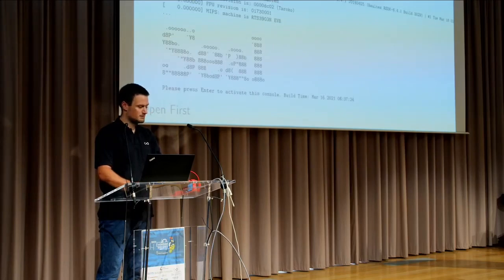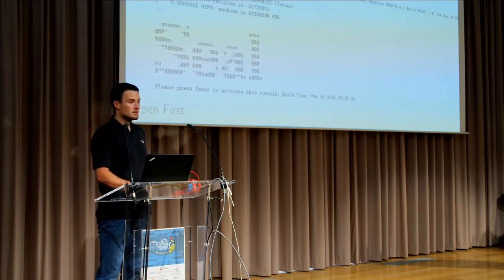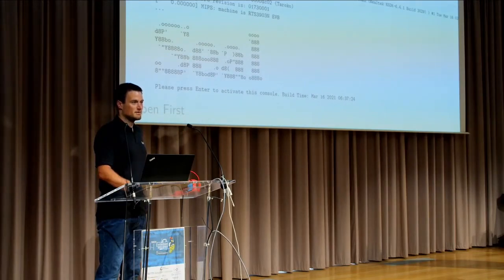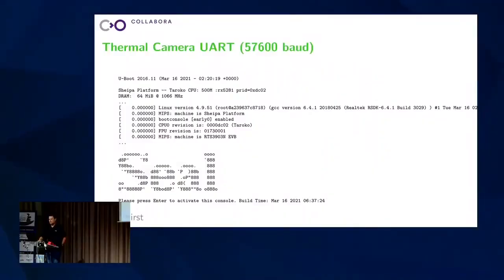So is this a second kernel running on that board? Because the first slide was showing 3.18. Yes, so this is the system running on the sensor. Right. That's untouched. At the moment I didn't do any work on this sensor itself. Great, thanks. You're welcome.